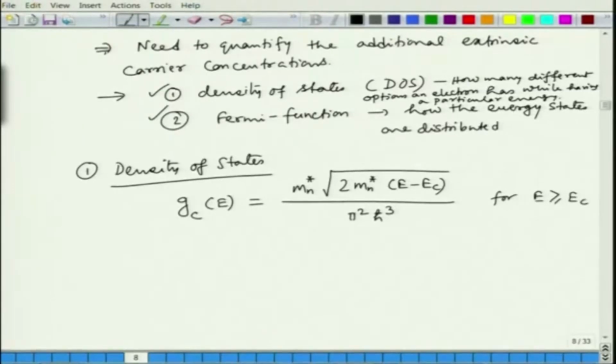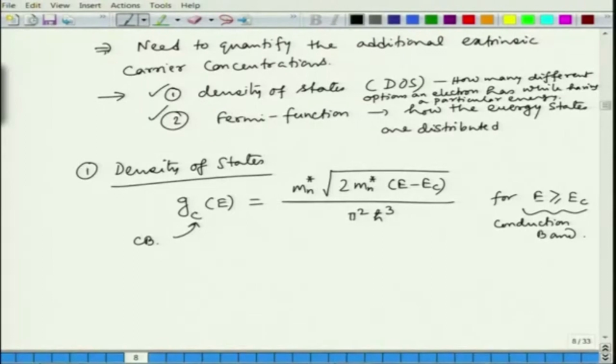That means you are in the conduction band. So, this means it is for the conduction band, which is symbolized as putting that subscript C.